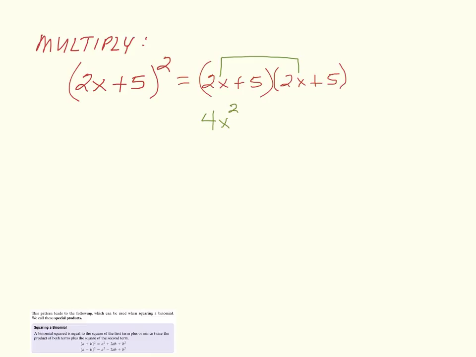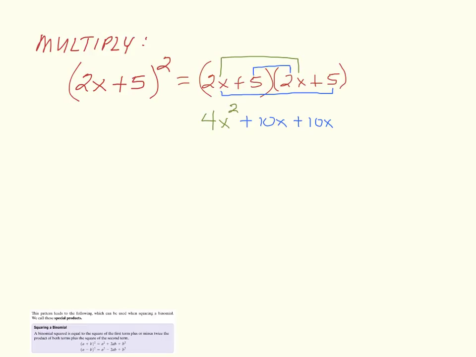When we do outer times outer, we get what? 2x times 5 is 10x. Right? But notice what happens when we do the inner. We're FOILing, remember? When we do the inner, we get 5 times 2x, which is another 10x.